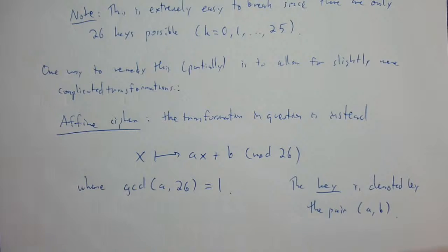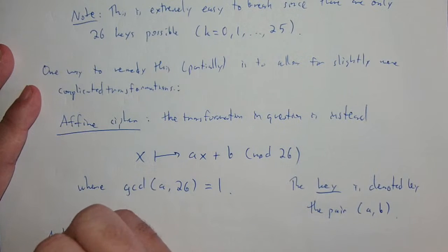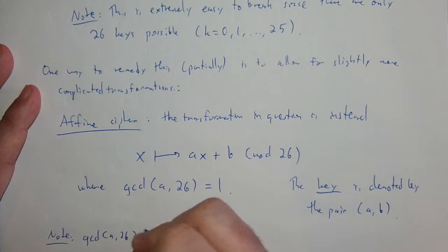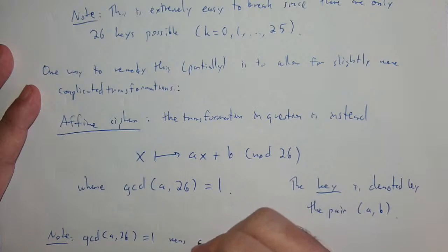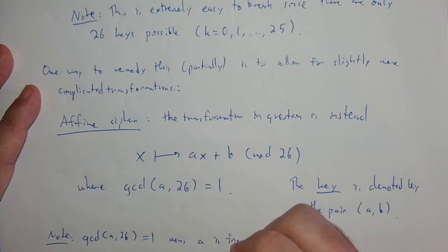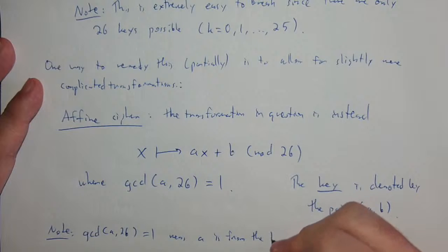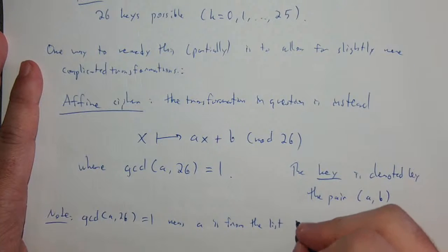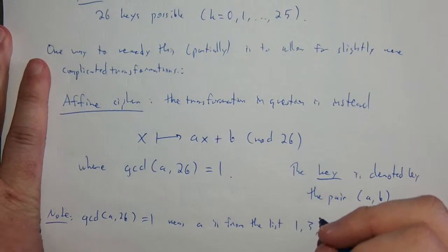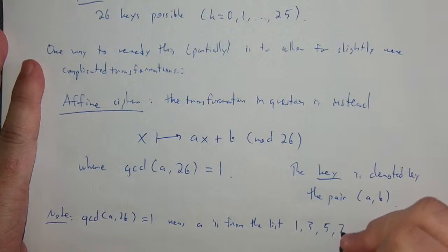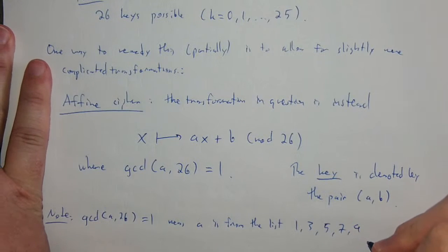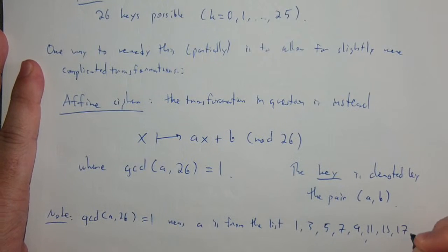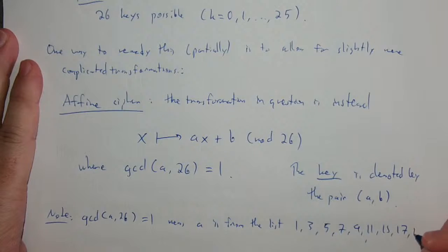So note, GCD of A and 26 equals 1 means A is from the list: A is only allowed to be 1, 3, 5, 7, 9, 11, 15, 17, 19, 21, 23, and 25.